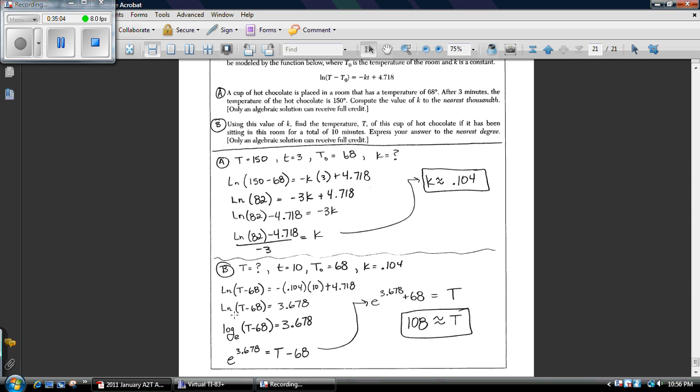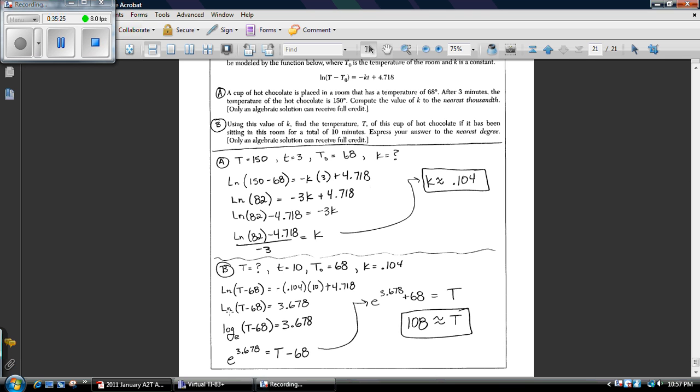Plug it all in. Now here's the problem, right? T is locked up inside this natural logarithm parentheses. So here's the trick, and here's really why this problem is the last problem on your Regents and worth so many points. ln is the same thing as log with a base of e.